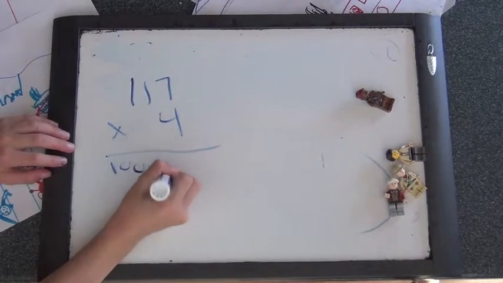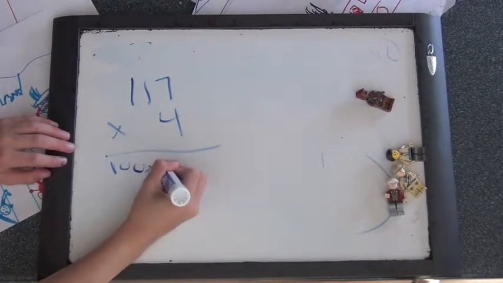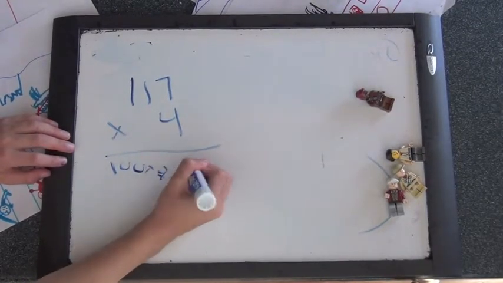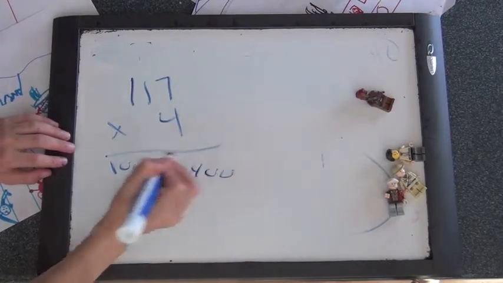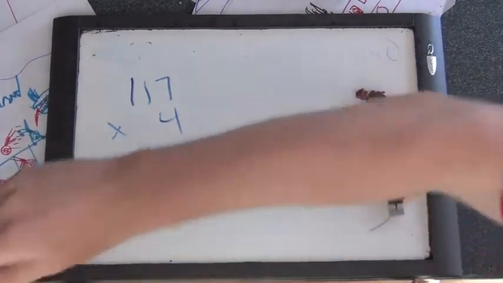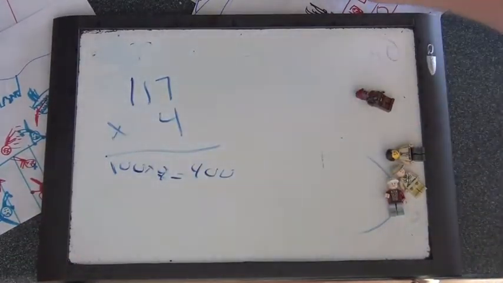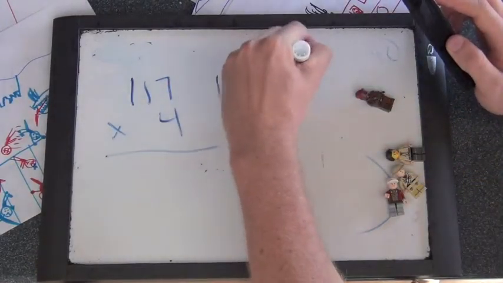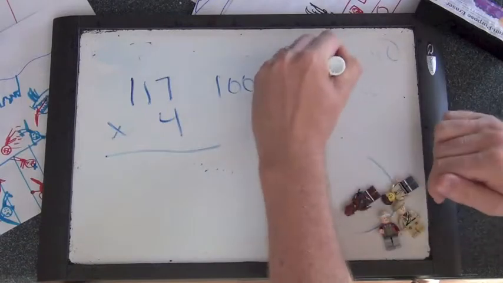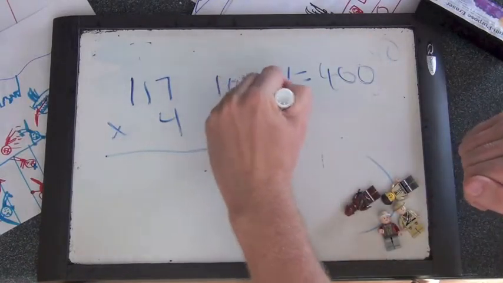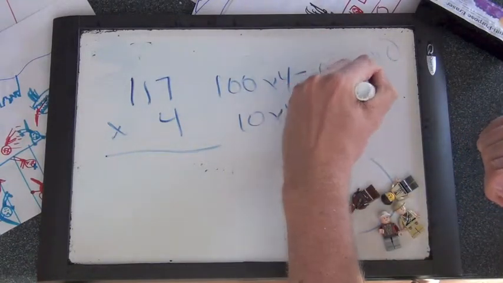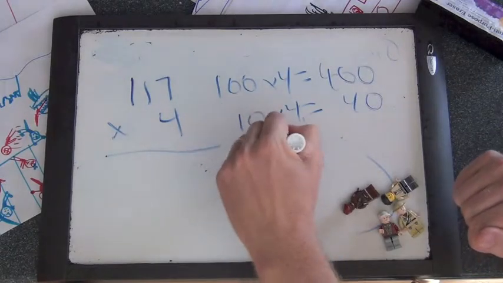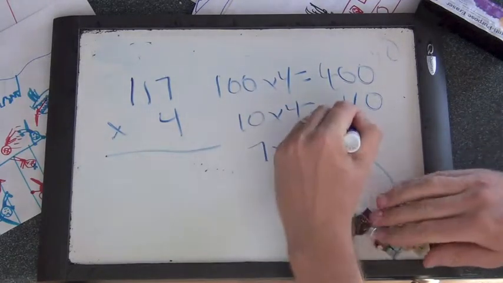You can say what to write. 100 times 4 is 400. That's good. And 10 times 4 is 40. And 7 times 4, I think that's 28.